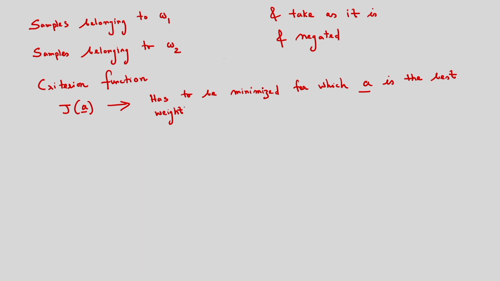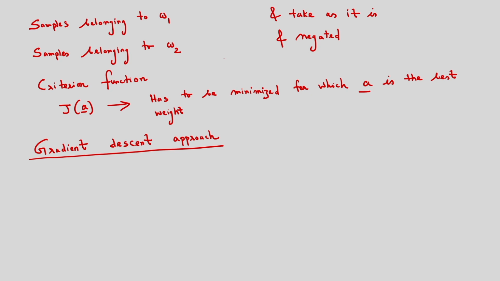For this we are considering one algorithm, and that algorithm is the gradient descent approach. With this approach I want to find the best weight vector, and for this I have to minimize this criterion function.